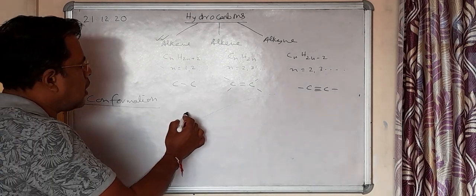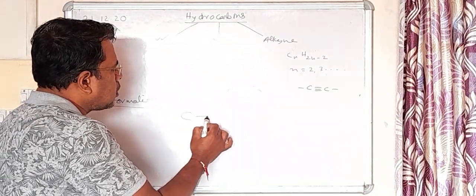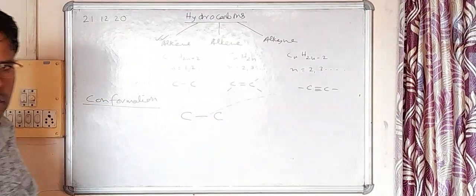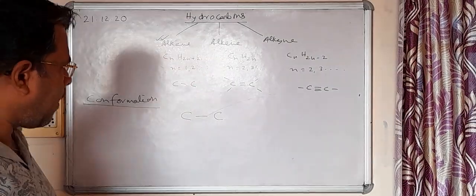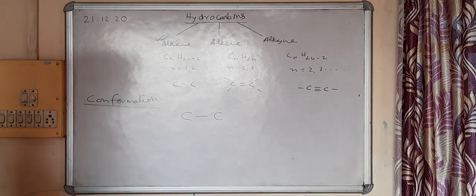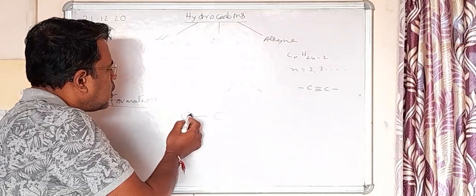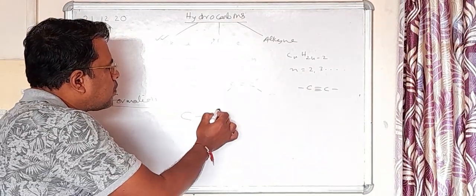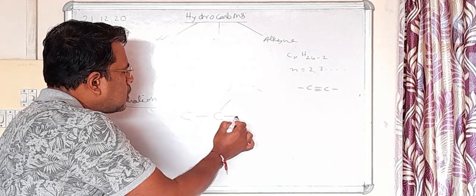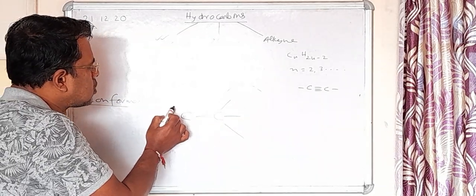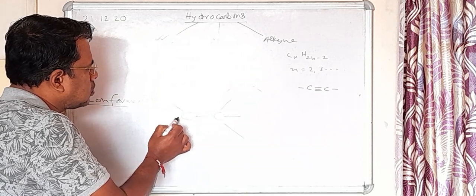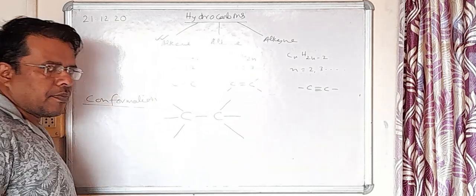Now suppose we have a carbon-carbon single bond. Valency of carbon is 4, so there should be 4 bonds attached to it. Even here there are 4 bonds.